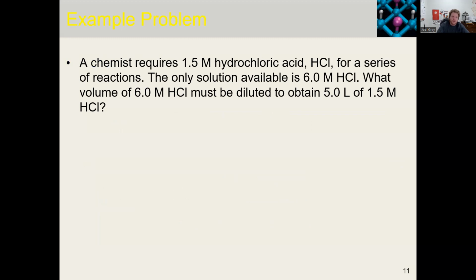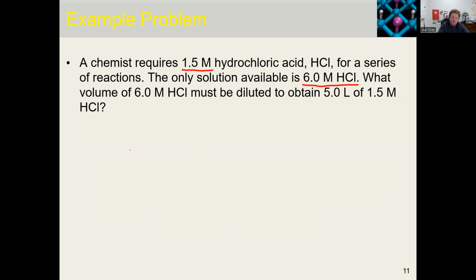Now to capture that, we have a need for a 1.5 molar hydrochloric acid solution for a series of reactions. The only solution available is 6 molar HCl. What volume of 6 molar HCl must be diluted to obtain 5 liters of 1.5 molar HCl?